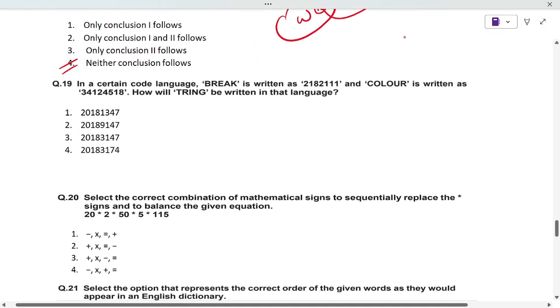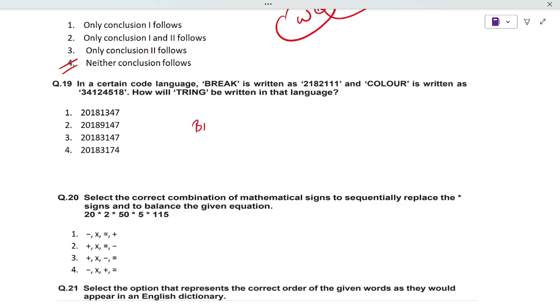Okay, here we have question 19, which is coding and decoding again. So BREAK. Okay. So now they're using the corresponding number.